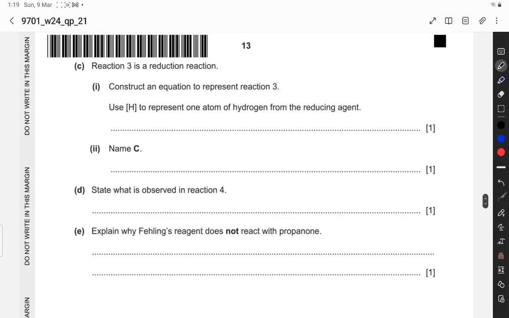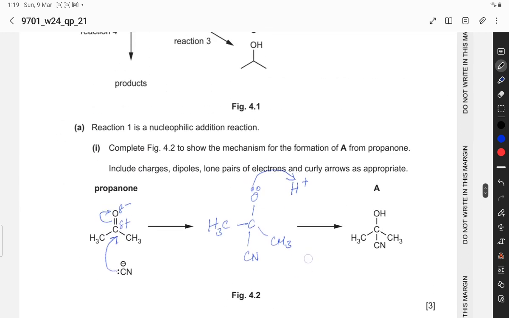Reaction 3 is a reduction reaction. Construct an equation to represent reaction 3. Use H to represent one atom of hydrogen from the reducing agent.